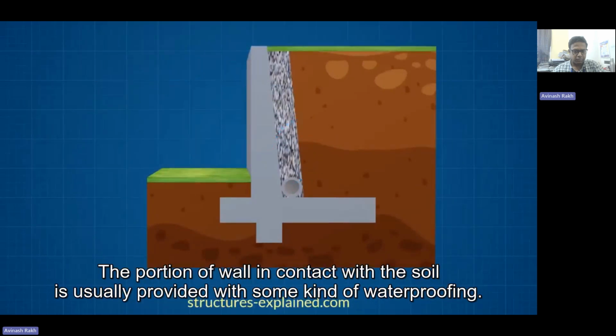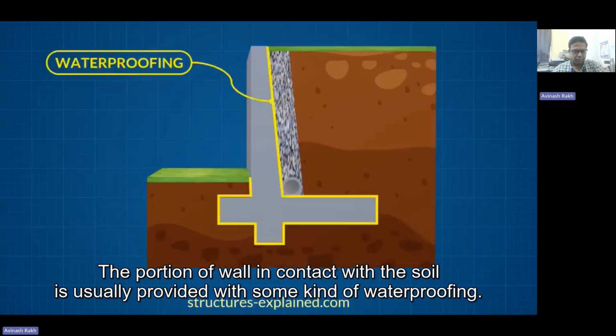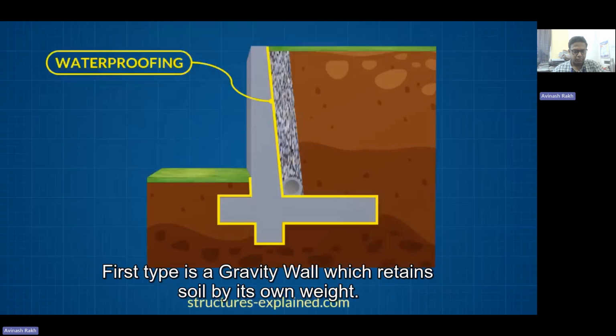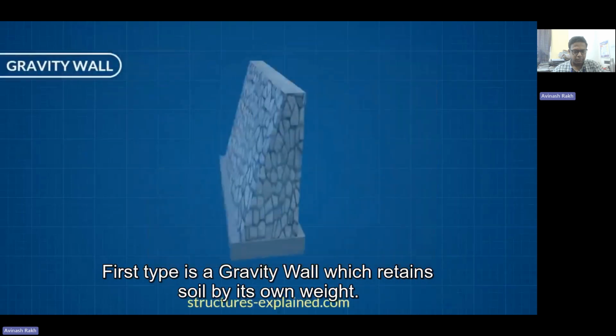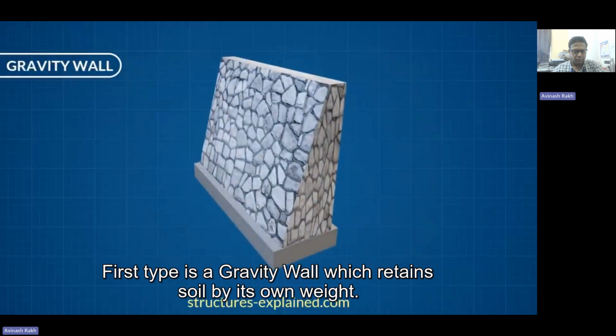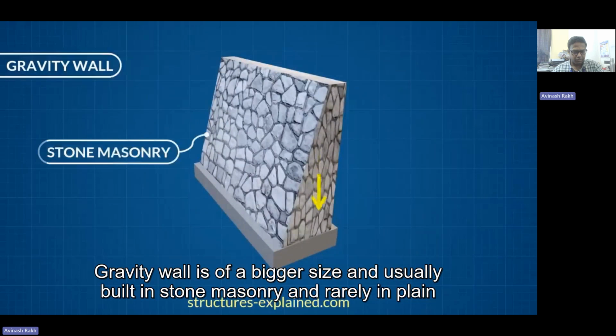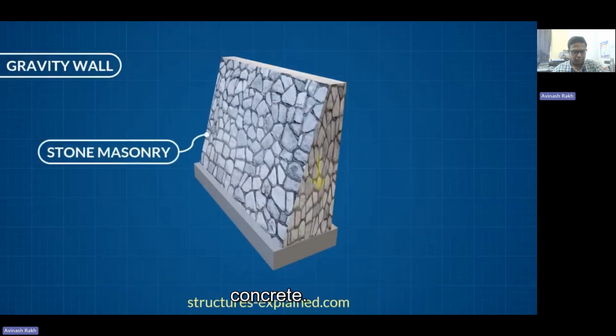The portion of wall in contact with soil is usually provided with some kind of waterproofing. Now let us know about various types of retaining walls depending on their use. First type is a gravity wall, which retains soil by its own weight. Gravity wall is of bigger size and usually built in stone masonry and rarely in plain concrete.